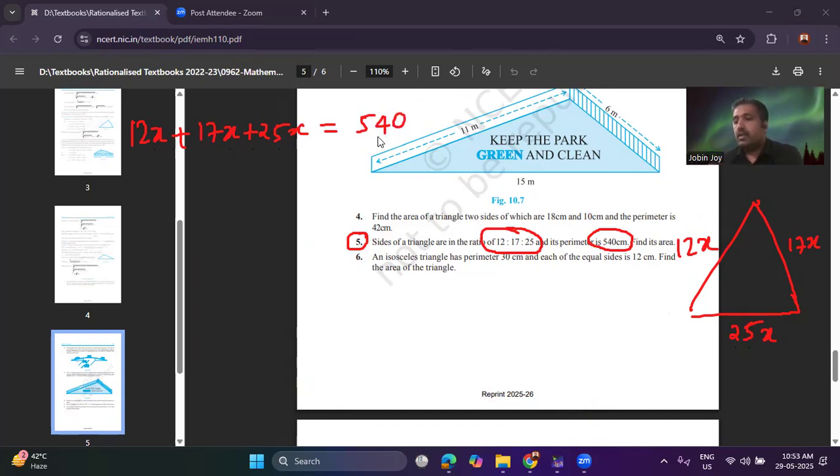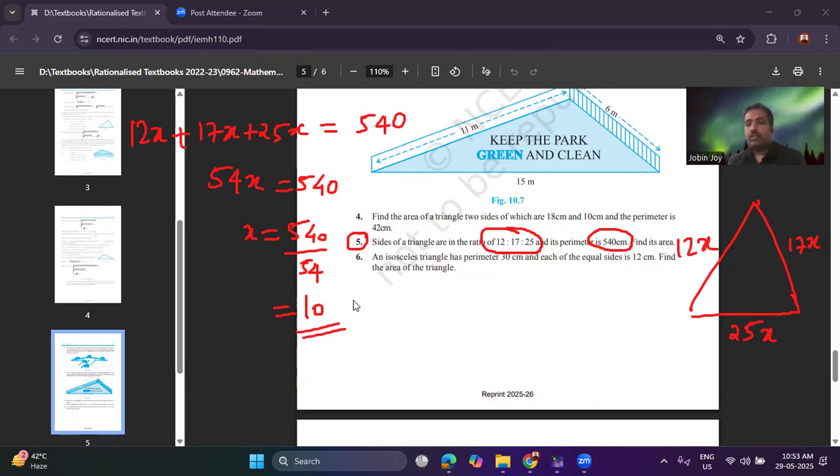Adding all these values, you will get 54x is equal to 540. So x is equal to 540 by 54, that is 10. That means this side is 120, because 12 into 10 is 120, 17 into 10 is 170, 25 into 10 is 250. These are the three sides, 120 plus 170 plus 250.